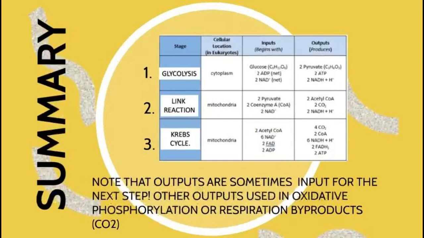So we've gone from glucose to pyruvate, making 2 net ATPs and 2 NADHs.